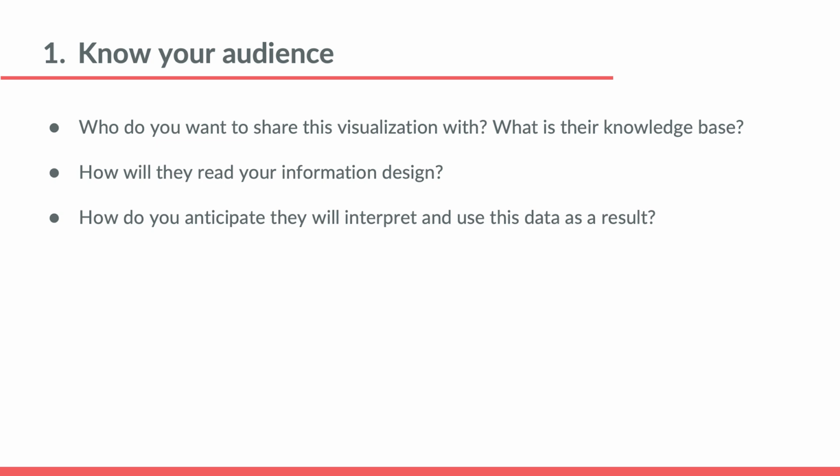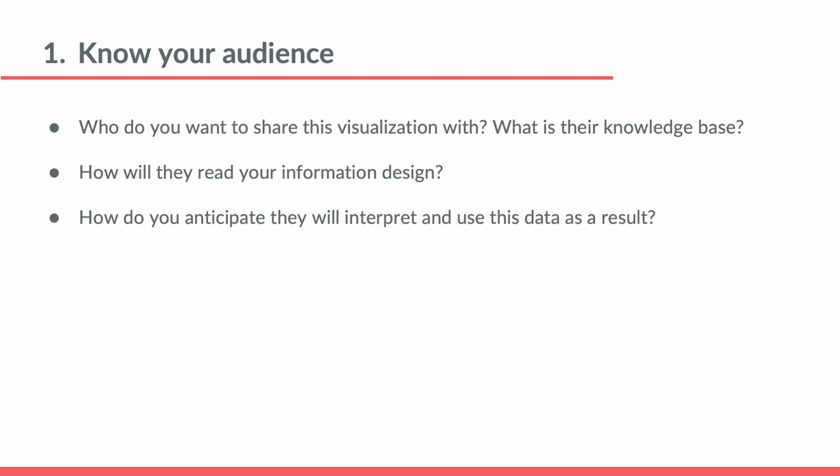So know your audience. Who do you want to share this visualization with? What is their knowledge base? Making a visualization for colleagues, for senior leadership at your institution, for the community, all of those will look different. And all of those people have different knowledge bases, right? So the language you use will be determined by who you're trying to communicate with.